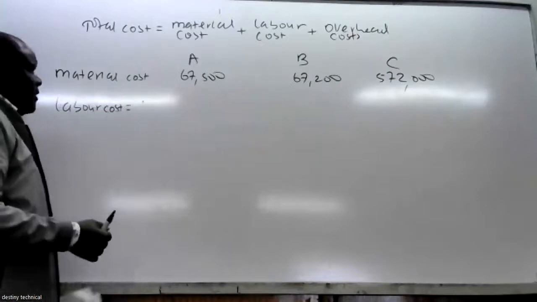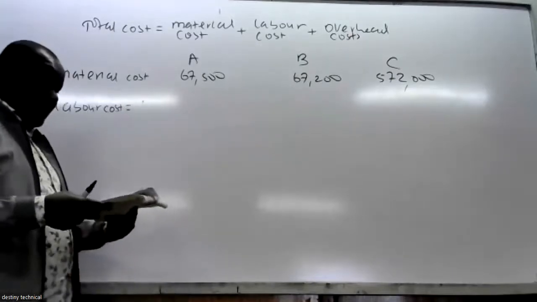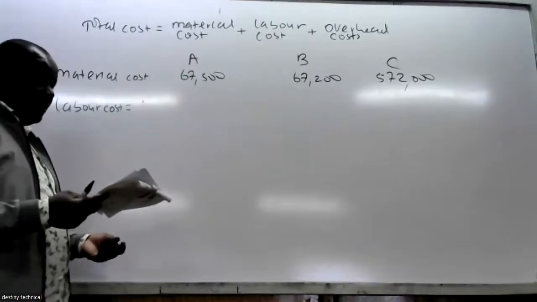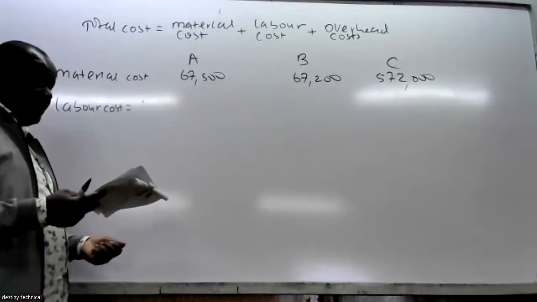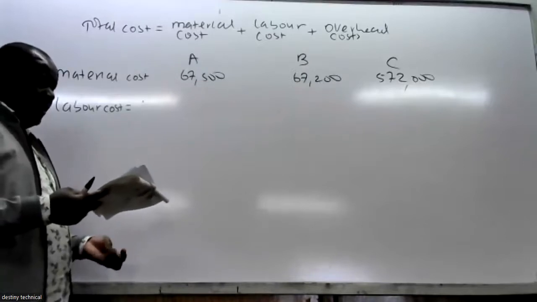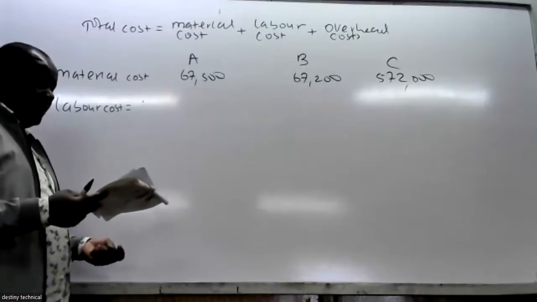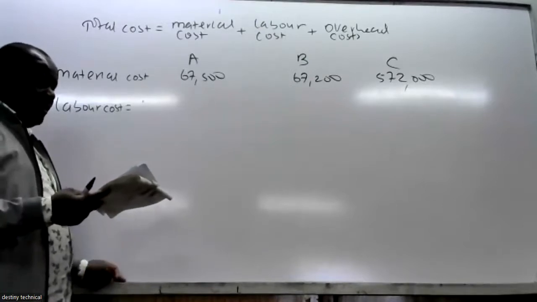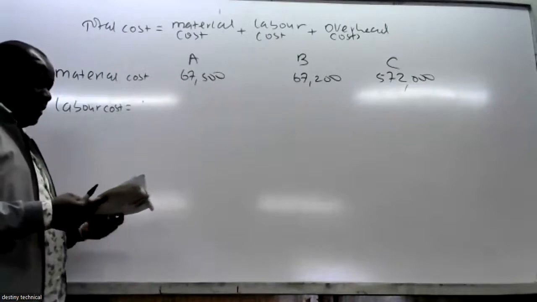So for the labor cost, we are also given details concerning the labor. They gave you labor hours, and also in note number 1, you can see direct labor cost per hour.